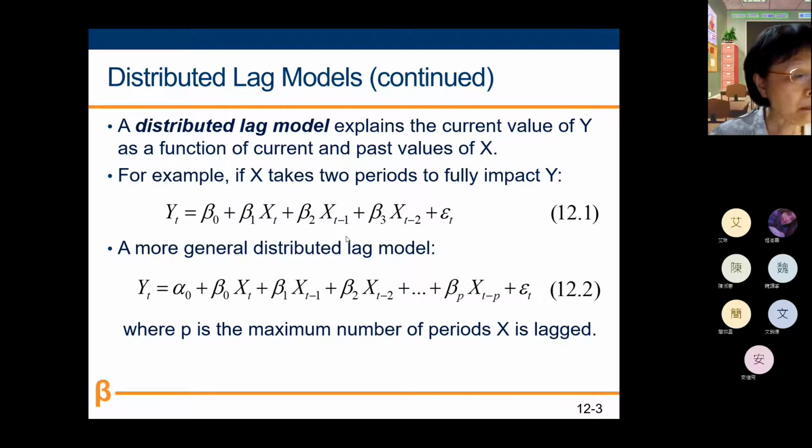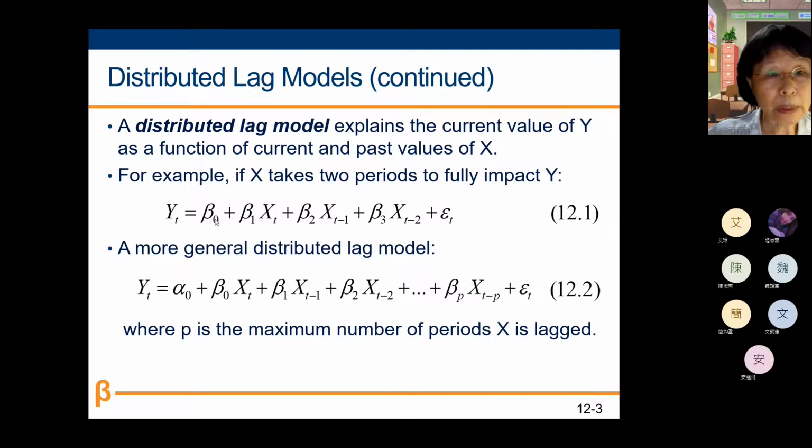As a result, models of sales should include current and lagged values of advertising, distributing the impact of advertising over a number of different lags.